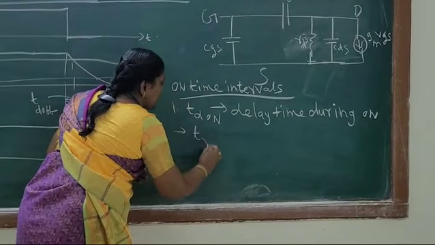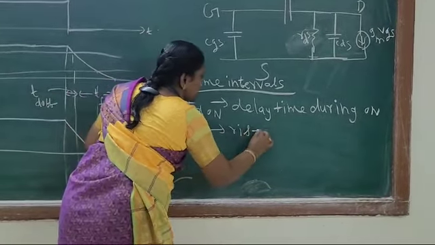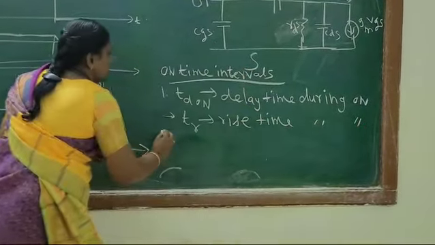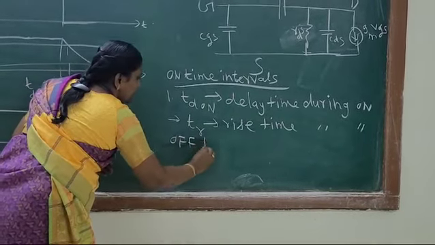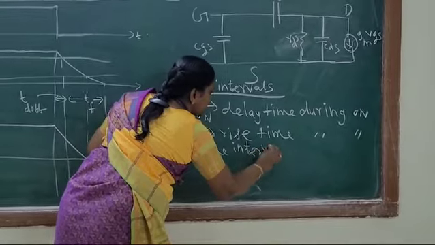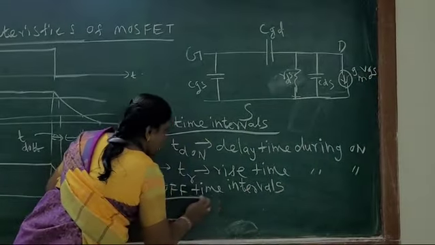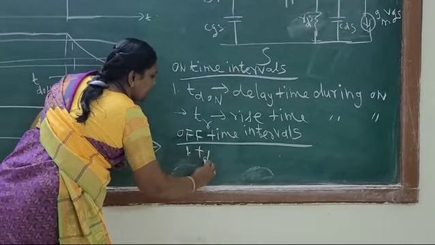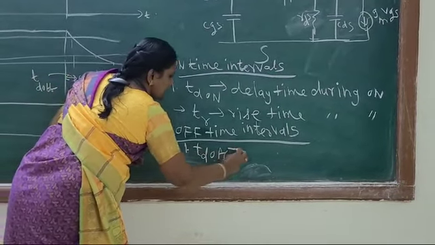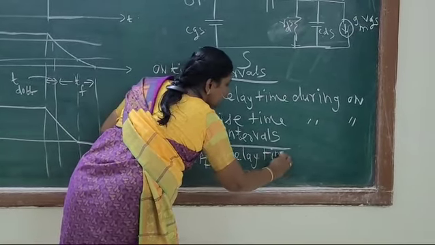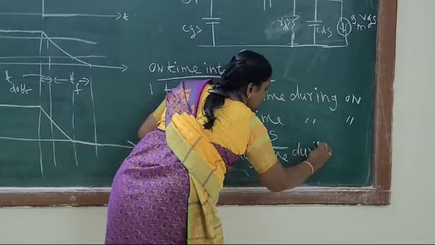Then t_r represents the rise time during on. Similarly, the off time intervals of MOSFET are: one is t_d(off), that is again the delay time during off.